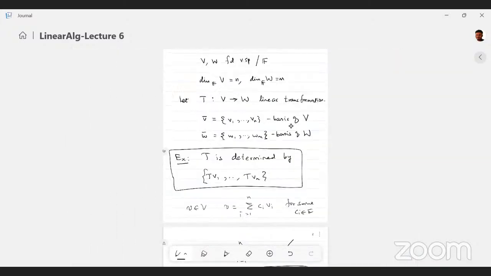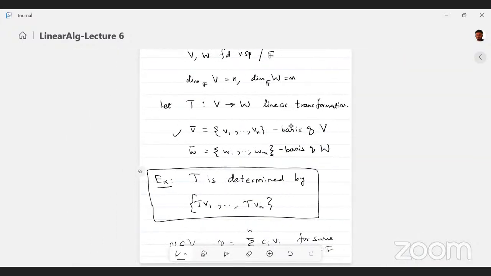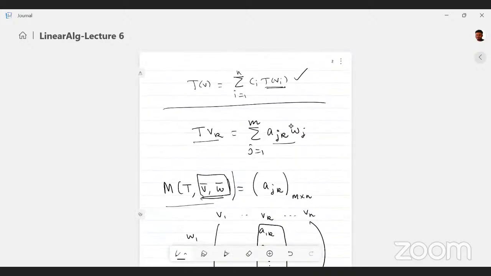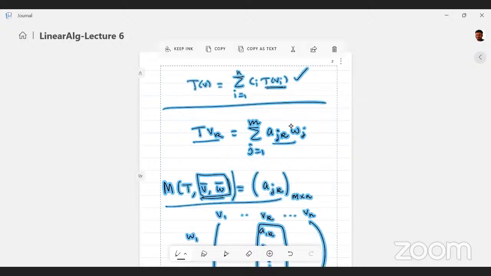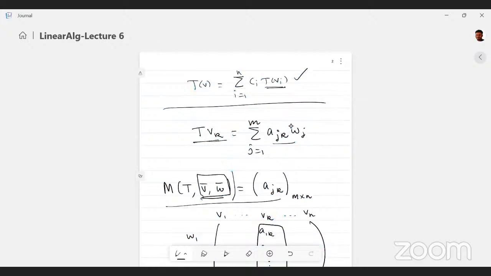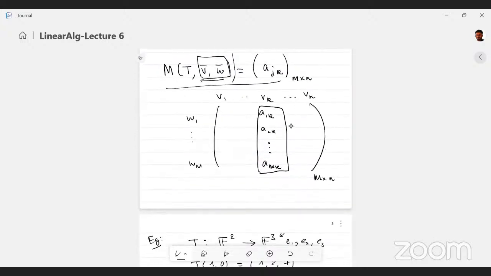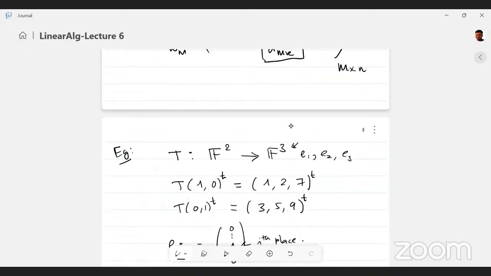Once you fix the bases V bar and W bar for V and W, I know how to associate the matrix M(T, V bar, W bar), which is nothing but (a_jk) m by n, where a_jk is defined by T(v_k) = summation a_jk w_j, with j running from 1 to m. This is the equation you should remember. That is how this matrix is defined.